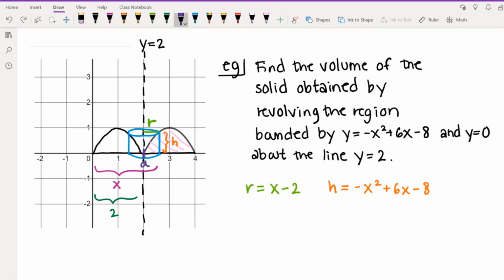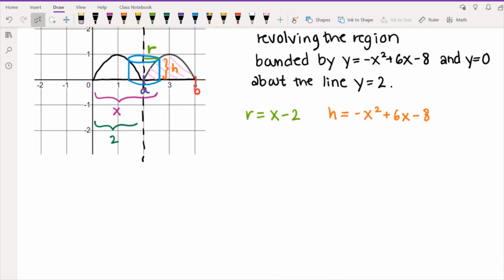And then where's the very biggest place you would draw the cylinder? Well, that would be at 4 in this case. So that's our b value. Okay, so let's set this up. The volume is going to be equal to 2 pi times the integral from a to b of the radius times the height dx.